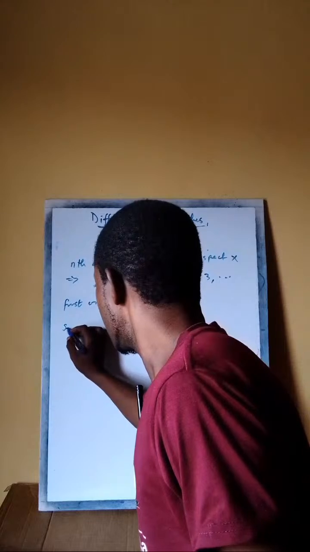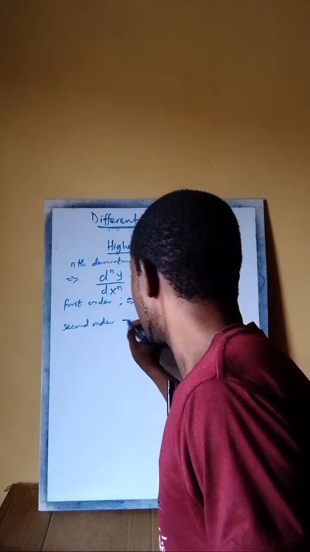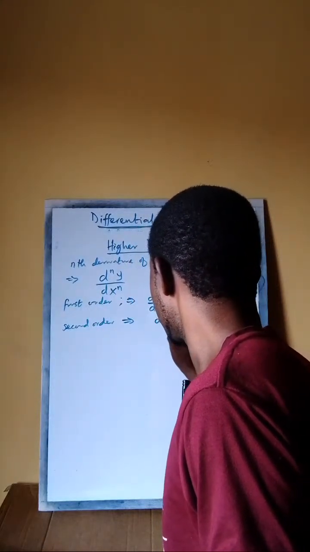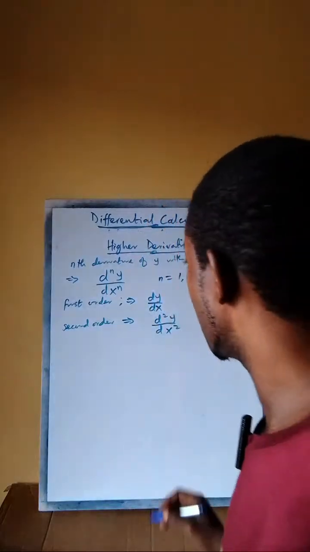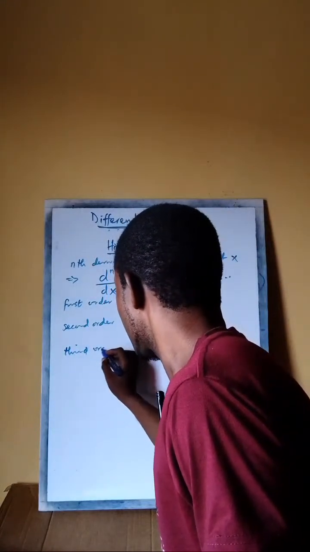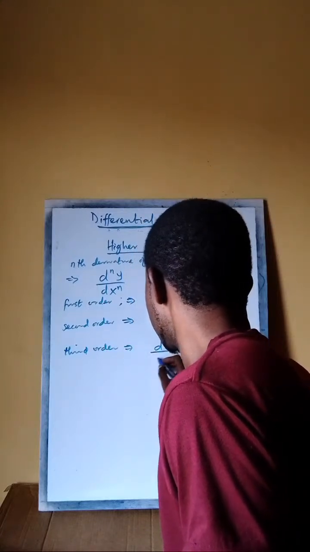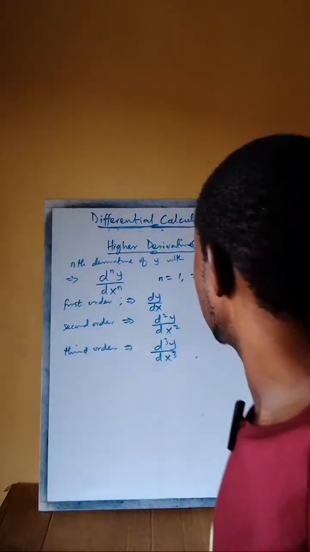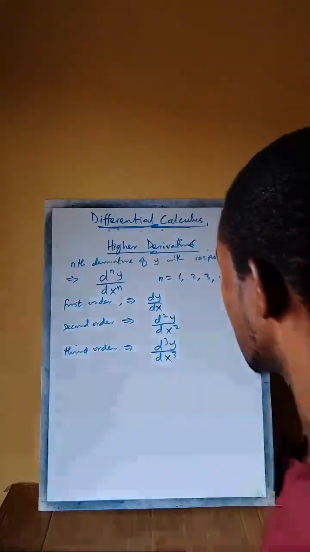For second order derivative, n is 2, so we have d squared y over dx squared. For third order derivative, we have d raised to power 3 y over dx raised to power 3. This is the higher derivative and so on.